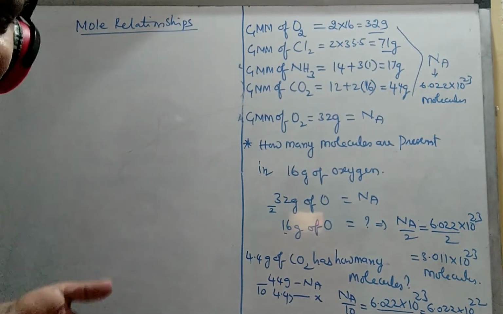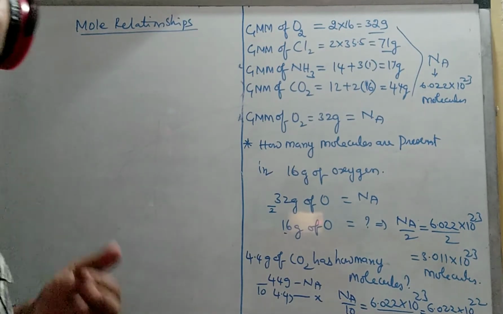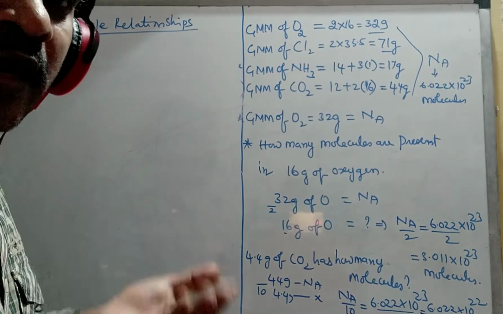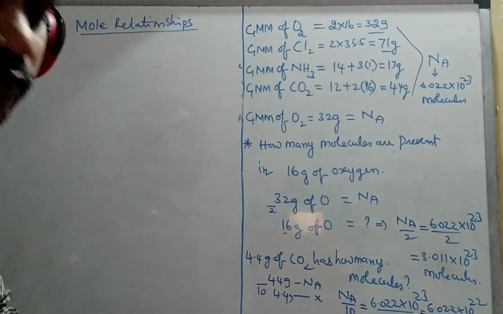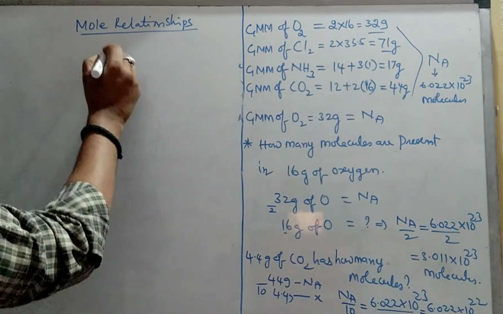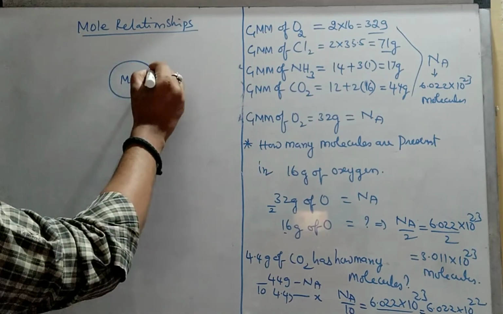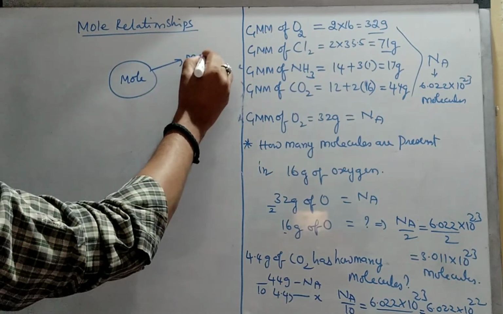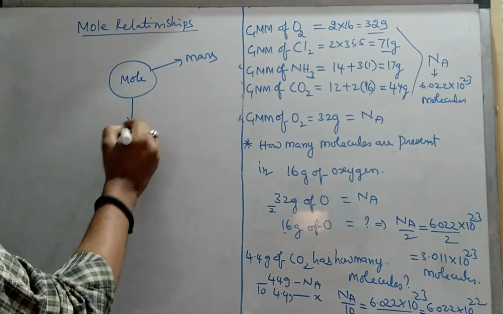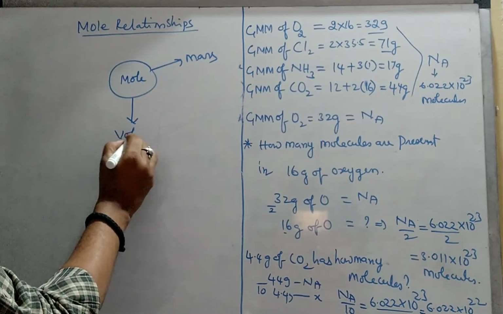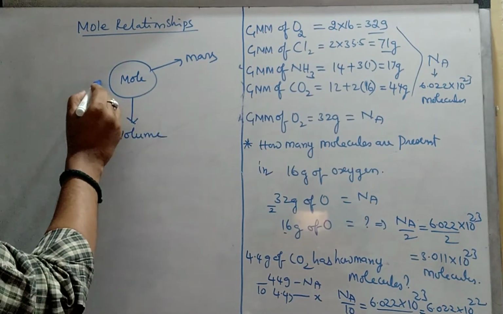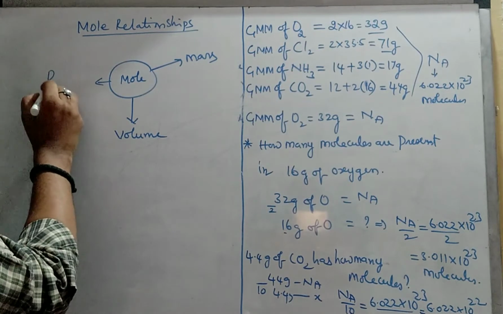The advantage of the mole is you can convert mole to mass, mole to particle, mole to volume. So mole can be converted into mass, mole can be converted into volume, mole can be converted into particle.